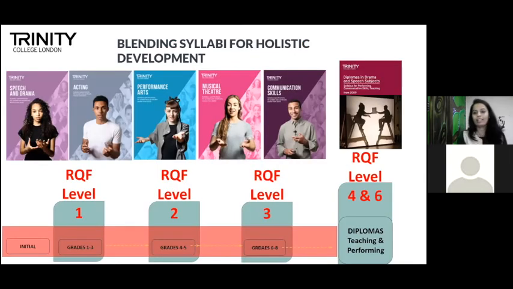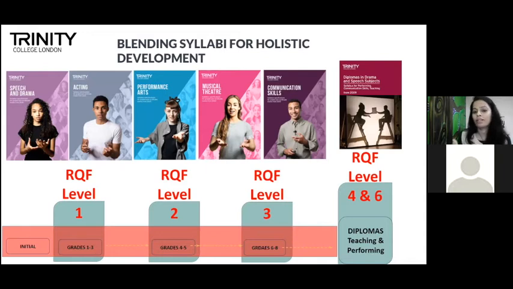Now, RQF, the regulatory framework of the UK, to which each level is mapped. If you have questions about this, you can write to us so that we can explain to you in detail, because it would be a little time consuming to explain it right now. So grades 1 to 3 come under level 1, and 4 and 5 are level 2.